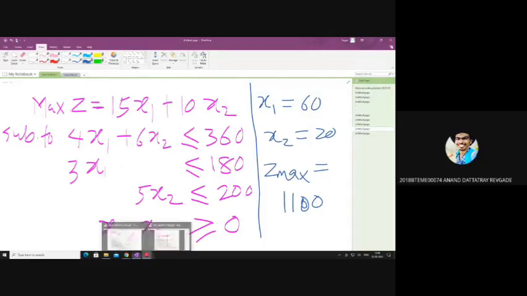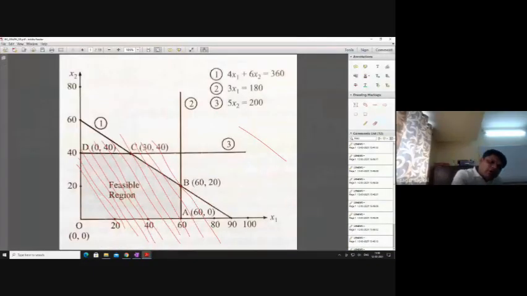Yes, sir. So if you go on drawing parallel lines or moving the parallel rule parallel to this minus 3 by 2 slope line and move away from 0,0, it will leave the feasible region at one point, and that point is nothing but the optimum point.